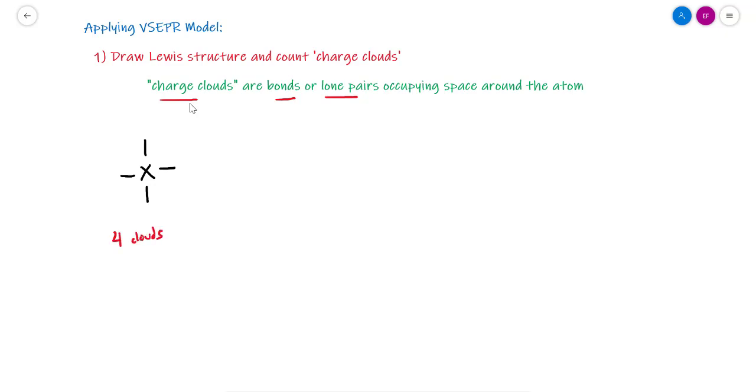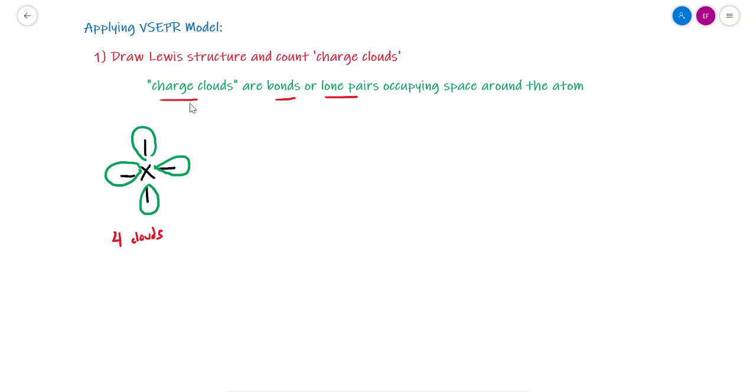And the reason we're thinking about charge clouds and not specific electrons is these groups of electrons are going to move together because they are in one bond, one orbital. They're not going to move independently of each other. So one way to think about this, and typically in class I do this with balloons, this is a central atom X, and each of these bonds is a balloon that's tied together. What happens when you tie 4 balloons together?